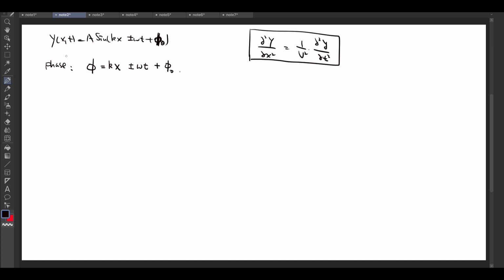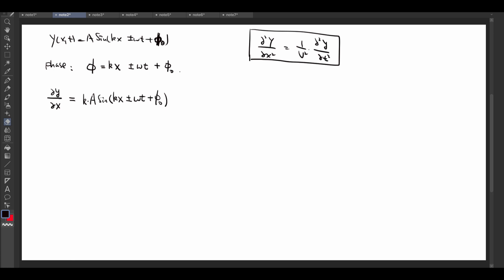Okay, now let's make a check of the solution. So I want to do some derivative here. If I'm looking at the first derivative of y with respect to x, I get, let's see, from here I get k times A cosine of kx either plus or minus omega t plus phi naught.